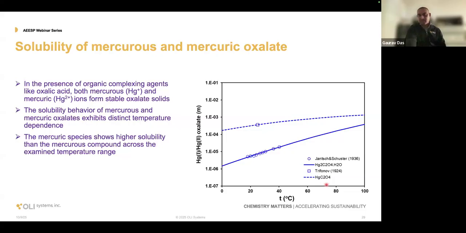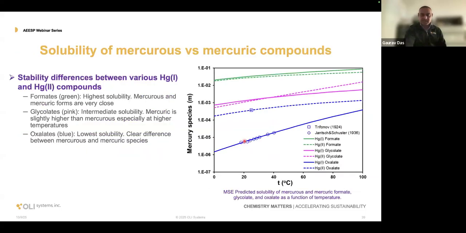Also in the form of mercuric oxalate, which shows the higher solubility, and the temperature dependence has all been represented with the MSE model, and the temperature trend has been preserved. While for this oxalate system the solubility of the mercuric is higher than the mercurous system, this trend is not evident with all the organic complexants.